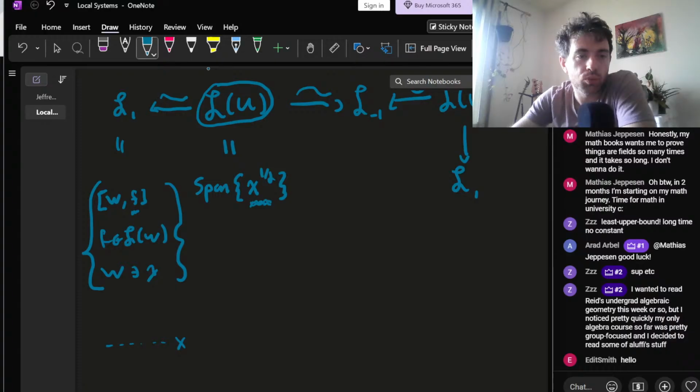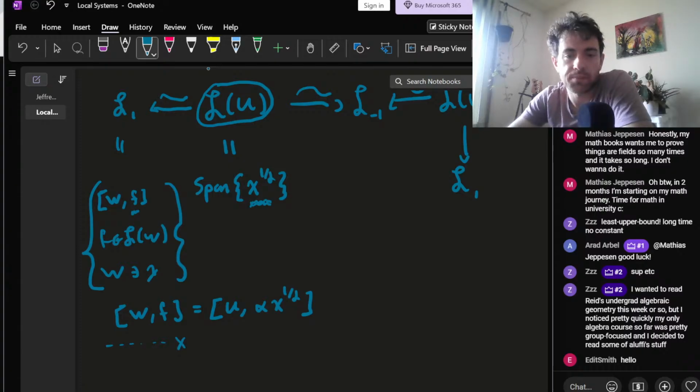So really, for any one of these open sets, WF is just going to be equivalent to U alpha x1/2, right? So that part of the isomorphism is pretty well understood.